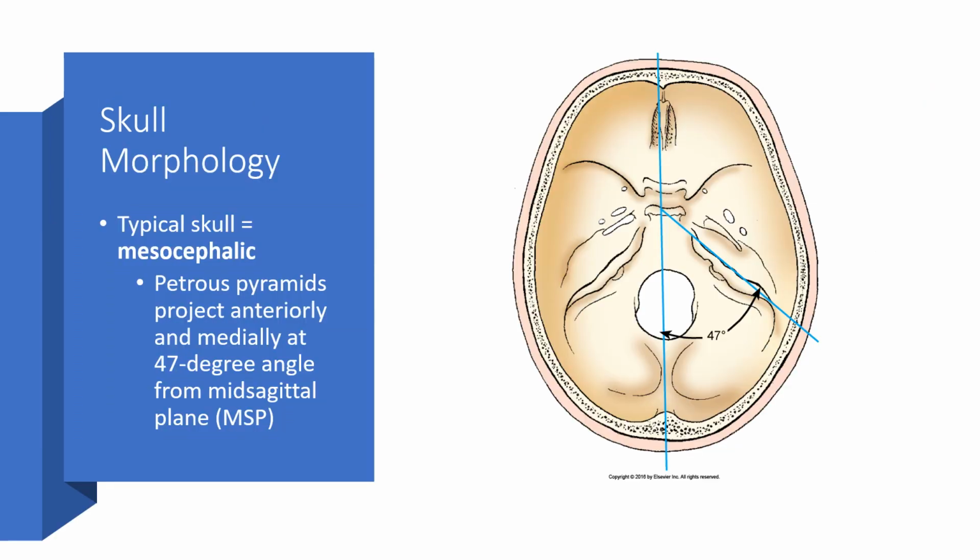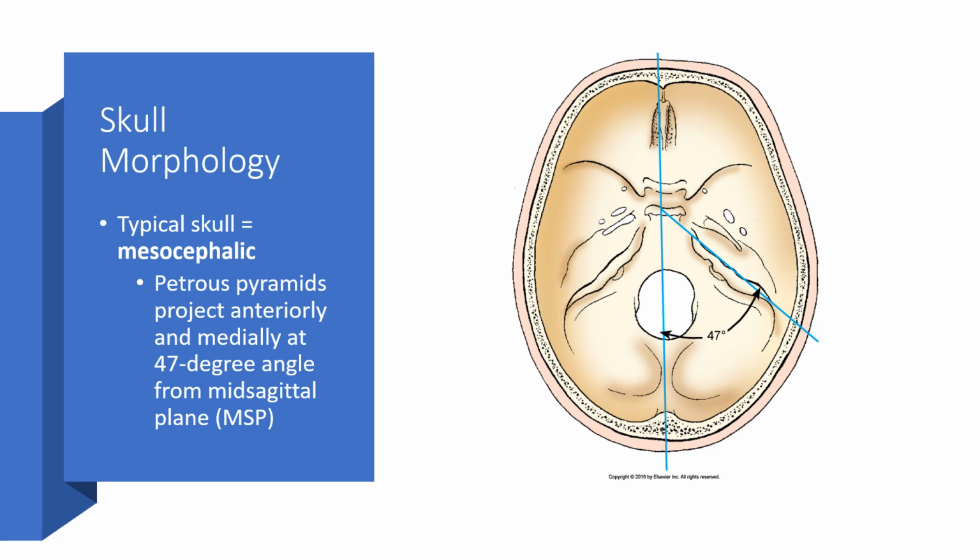All right. Morphology, which means shape. Morpho means shape or form. So the study of the shape or the form of the skull, we have figured out that there's basically three types of skull. The typical, and by typical we mean most common variant, is a mesocephalic skull.